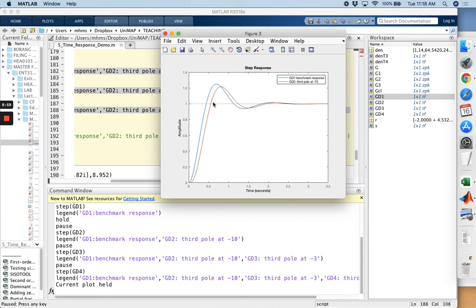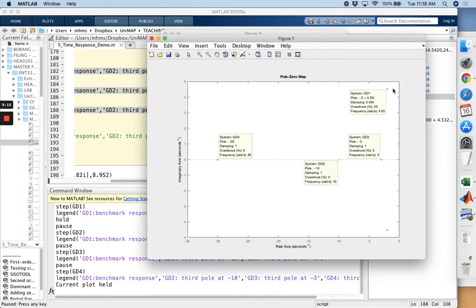Because of the ratio between the third pole at -10 and the dominant poles. This complex conjugate pair is the dominant poles because it is located near the j omega axis, and there are no zeros nearby these two complex conjugate poles.